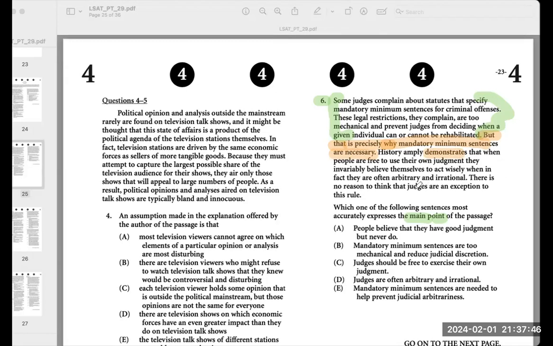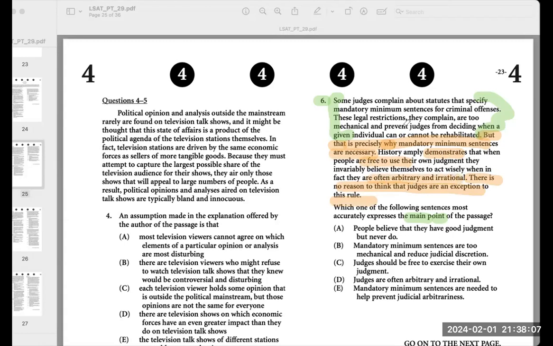There's no reason to think judges are an exception to this rule. So all of this is saying judges, when they're free to use their own judgment, believe themselves to act wisely, but they're actually often arbitrary and irrational.